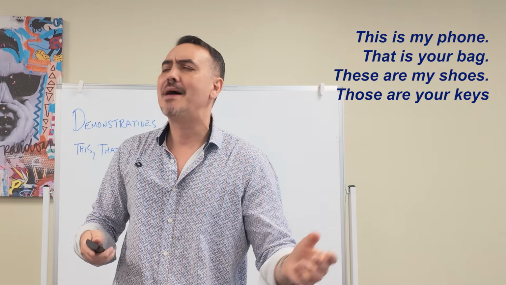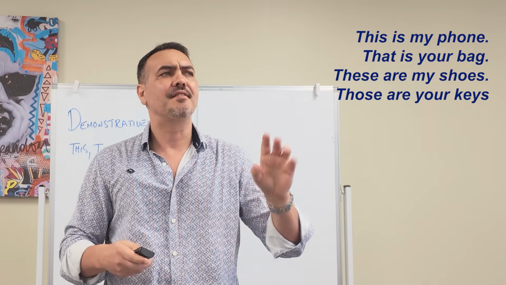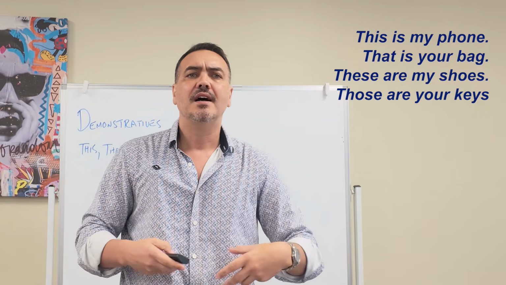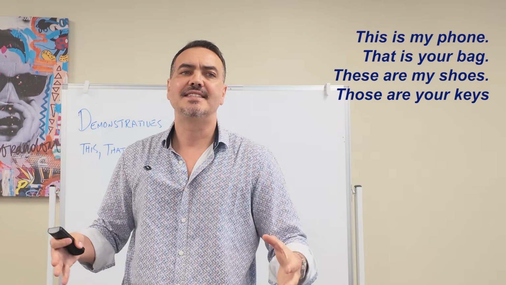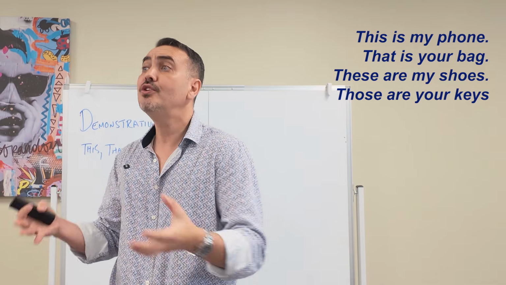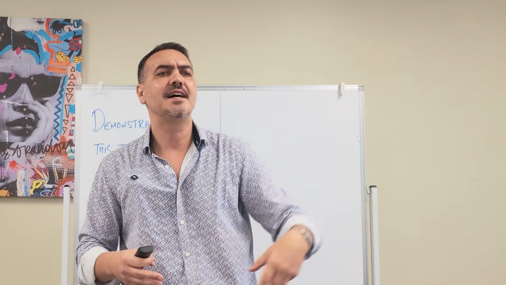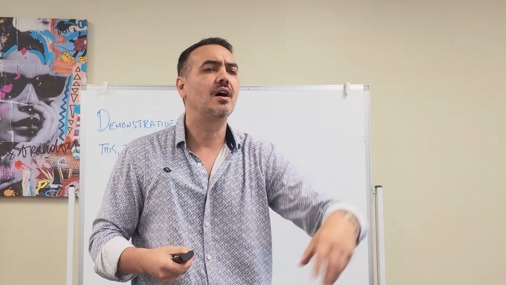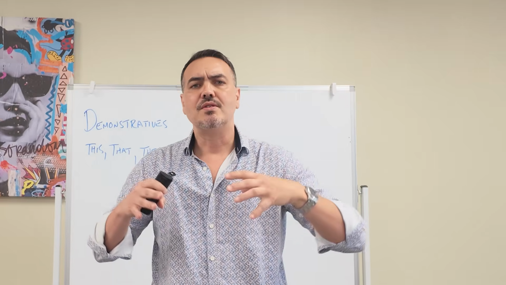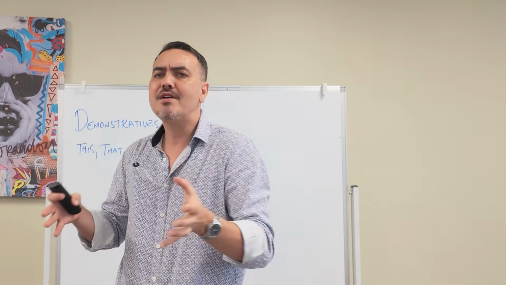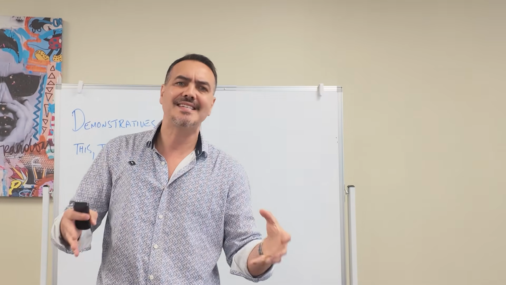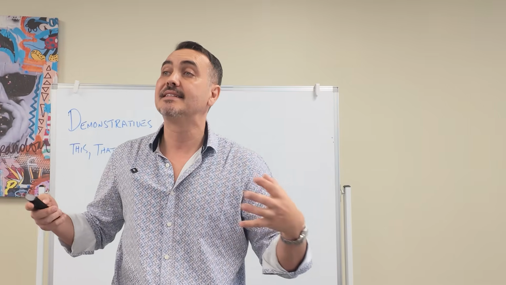If I'm pointing to a bag across the room, I can say, that is yours. If I'm holding several books, I can say, these are new. And if I'm pointing to several cars outside, I can say, those are expensive. So demonstratives can work before nouns or they can replace nouns when the meaning is clear.